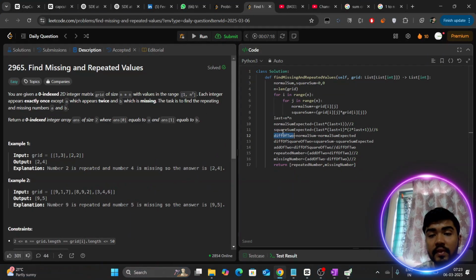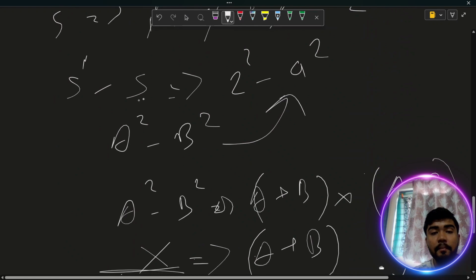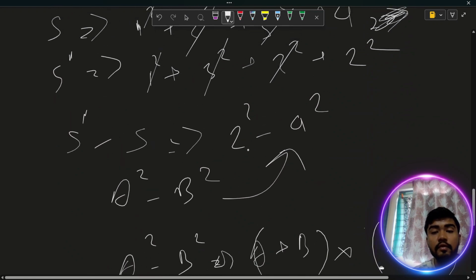So diff of 2 is normal sum minus normal sum expected. Now diff of square of sum is square of sum minus square of sum expected. That means a square minus b square.